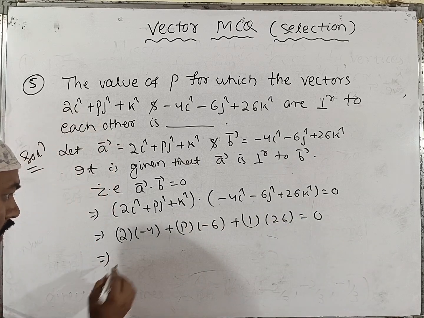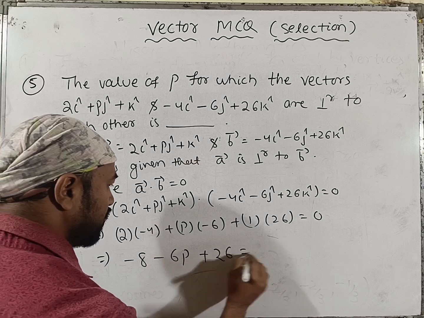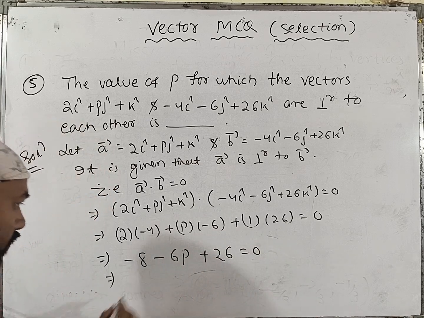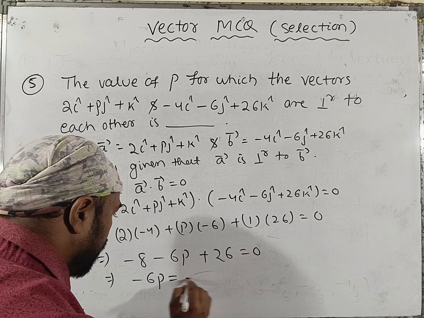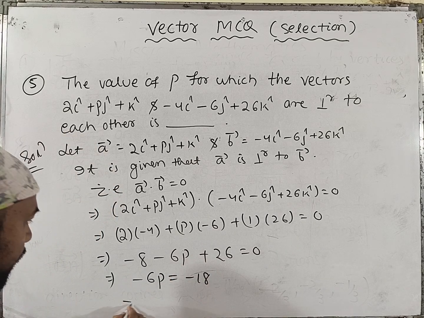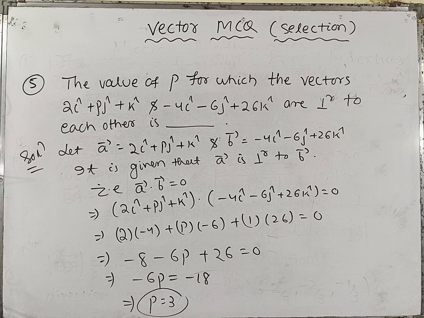Solving, it will be minus 8 minus 6p plus 26 is equal to 0. Minus 6p is equal to minus 18. Then p is equal to 3. So here the value of p is 3. Then let us go through question number 6.